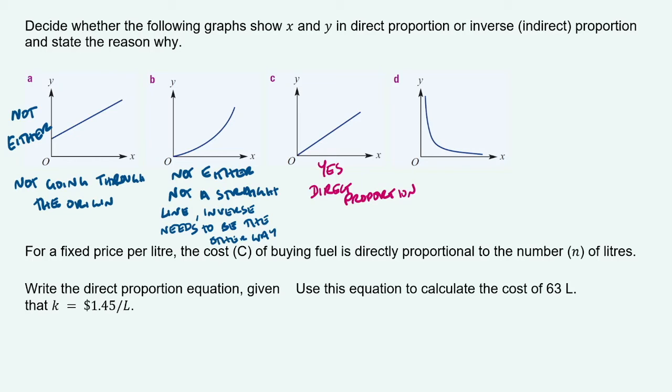But yes, it is inverse. So it goes the other way. So this is yes to inverse proportion. Because as the x increases, the y decreases. All right, so that's how you can recognize these things.